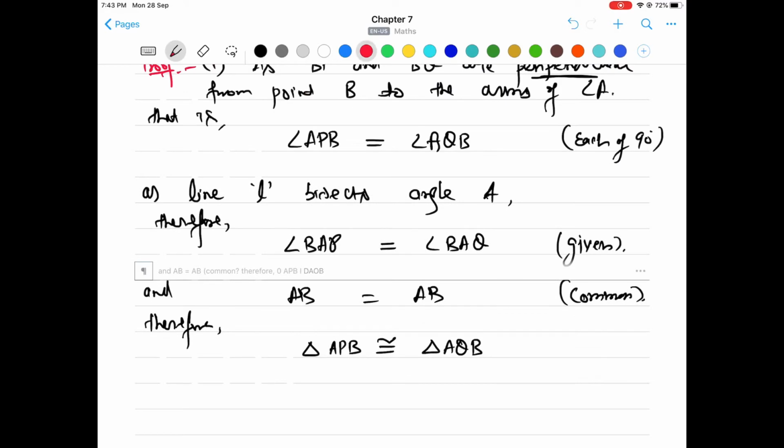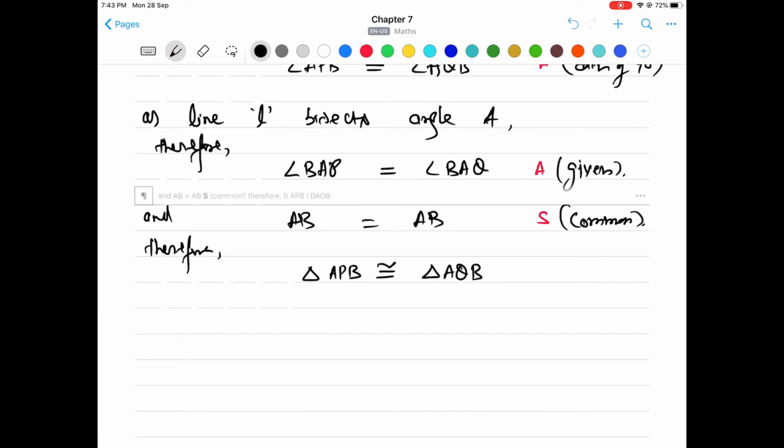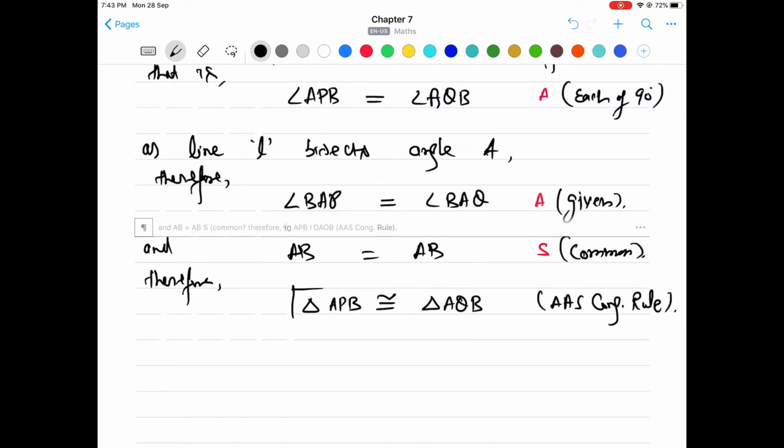This is by the angles and side, by AAS congruence rule. Okay, so we have proved the first part that triangle APB is congruent to triangle AQB.